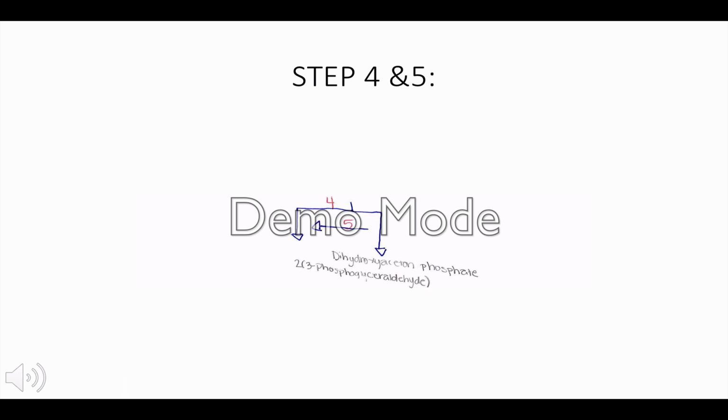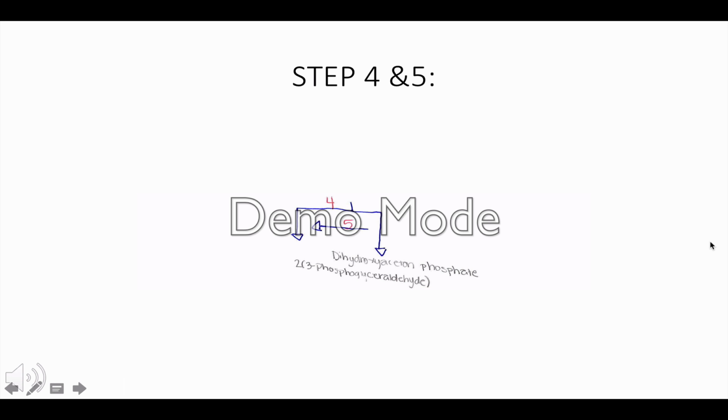As a result, all of the DHAP molecules produced are further acted on by the enzyme triose phosphate isomerase, which converts the DHAP into GAP so it can continue into glycolysis. At this point in the glycolytic pathway, we have two 3-carbon molecules, but have not yet fully converted glucose into pyruvate.